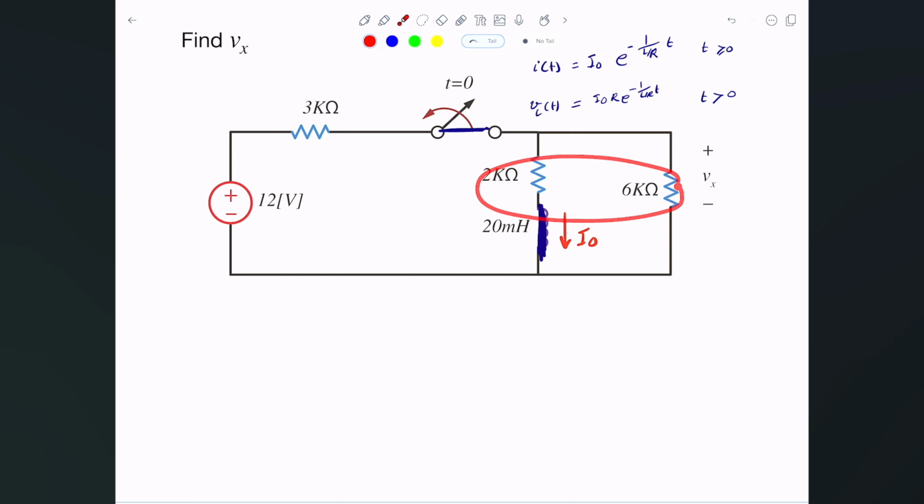There are multiple ways we can compute it. We can combine these two in series and use voltage division to figure out the voltage in here, or I can just write a nodal equation at this particular node.